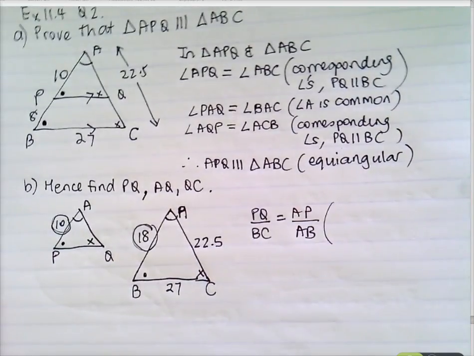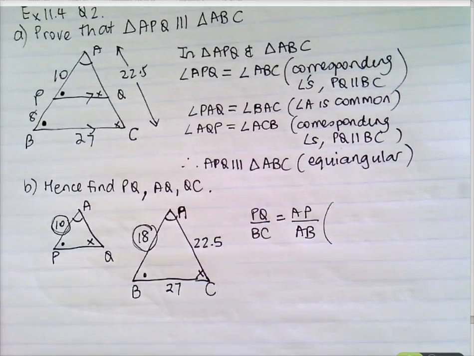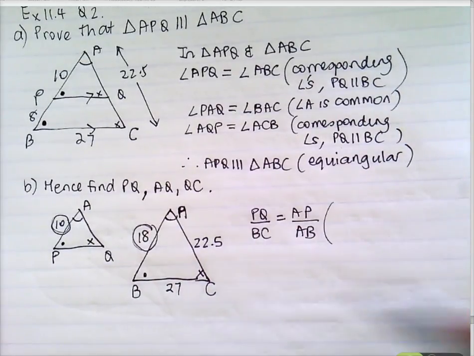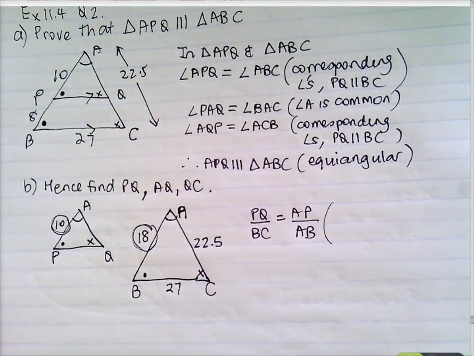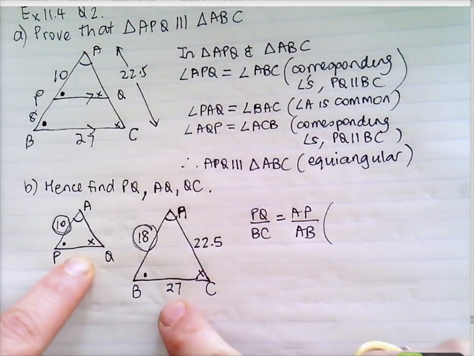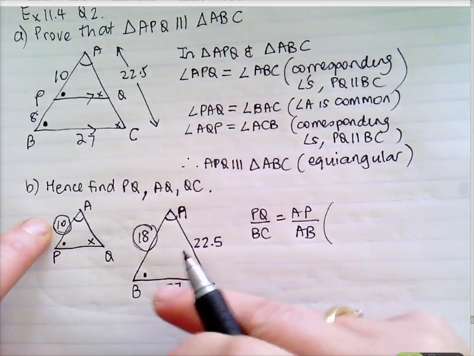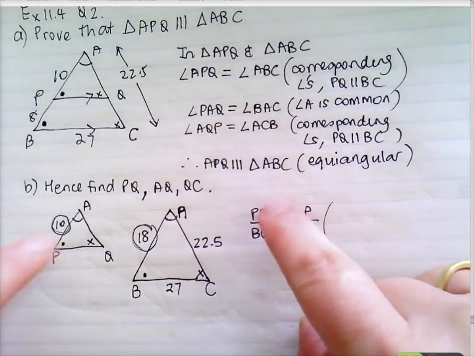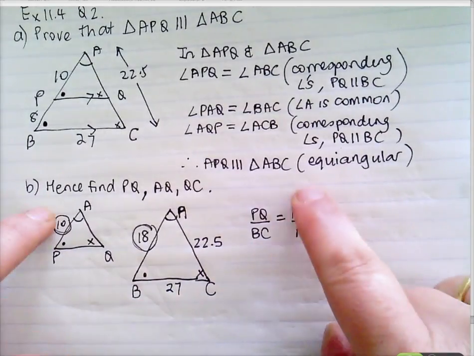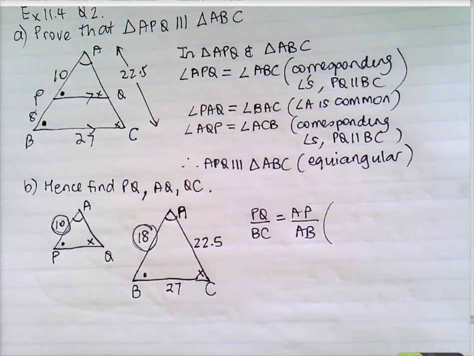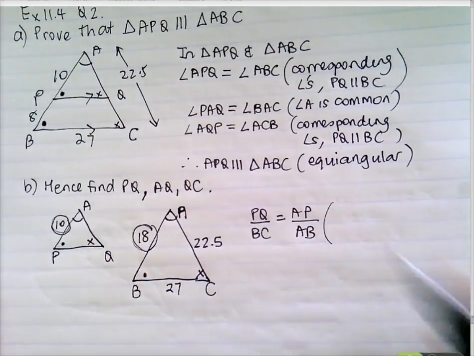Why am I writing that? So we know what you're talking about. In the HSC, girls, they want the sides. Don't just put values in, in case there was another side that was 10 or something like that. So I want PQ matches with 27 and 10 matches with 18. So that's PQ over BC equals AP over AB. Why am I writing that statement?